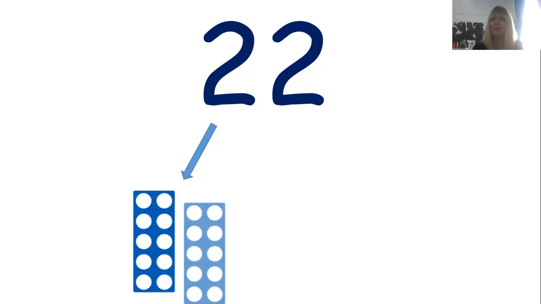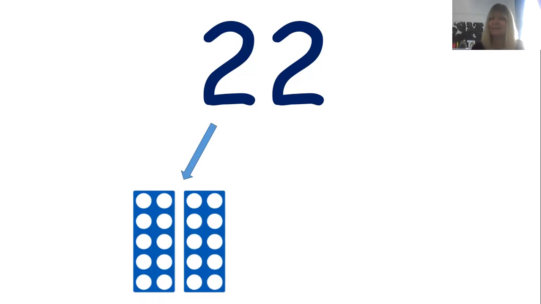So the 2 on the left, if we had to put Numicon tiles underneath, would have how many? It would have 2 blue Numicon tiles because it's 2 sets of 10. On the right hand side is the numeral 2, and that means just a 2 plate, 2 tile, because it's just 2 ones.